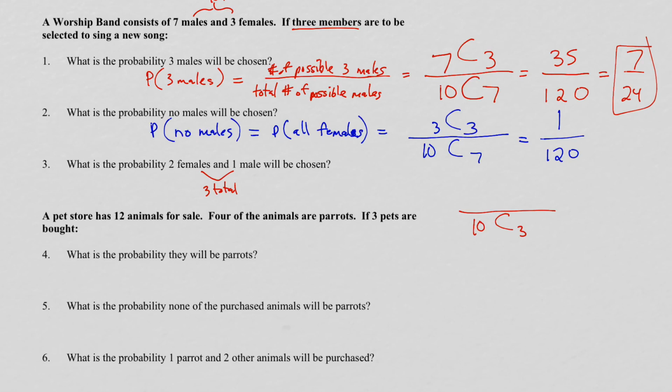Now let's focus on the female and then the male, because those are different. How many females do we have? 3, and we're trying to choose 2 out of those 3. And then, how many males do we have? We have 7 males, and we're trying to choose 1 from those 7.